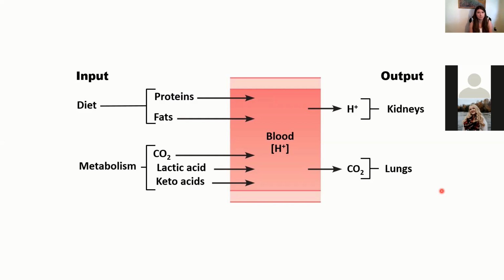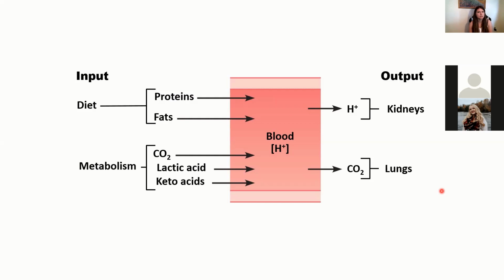On the output side, we really only have two places we can get rid of hydrogen. One is the kidneys, which is what we're going to talk about today. We're going to actually directly secrete hydrogen into the tubular fluid and therefore pass it through the urine and excrete it that way. The other sort of output of hydrogen is going to be the lungs.